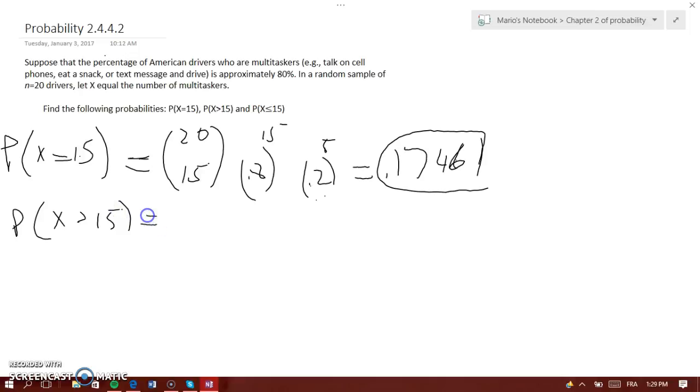Now it says find the probability that x is bigger than 15. What does this mean? This means you would have to find the probability that x is 16 plus 17 plus 18 plus 19 and 20.